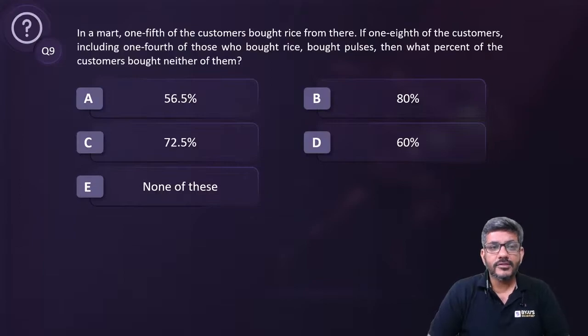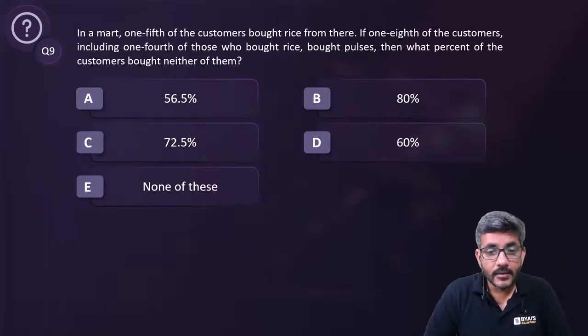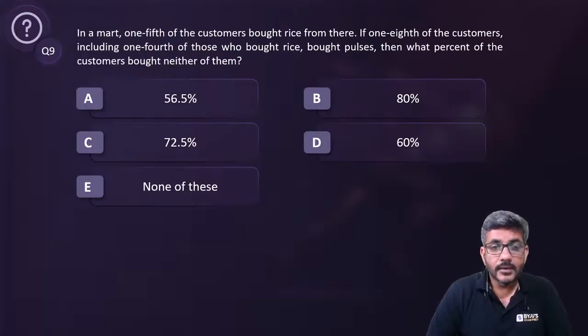Question number 9 on your screen now. Any answer?